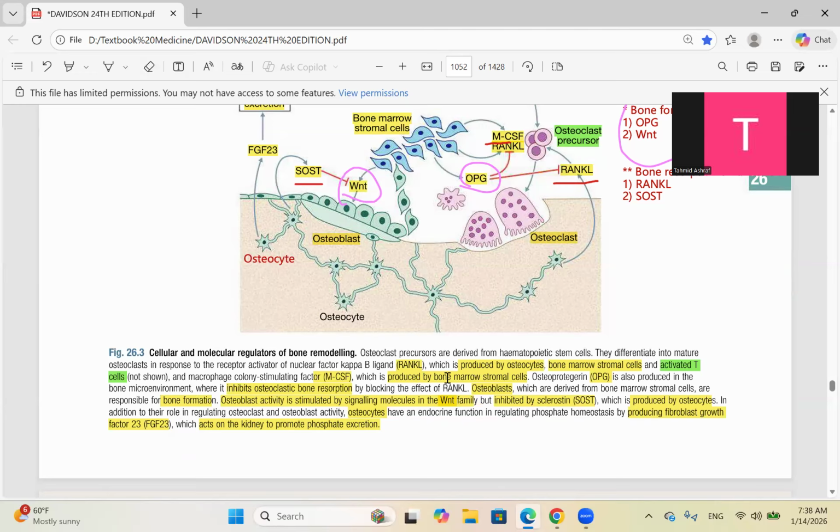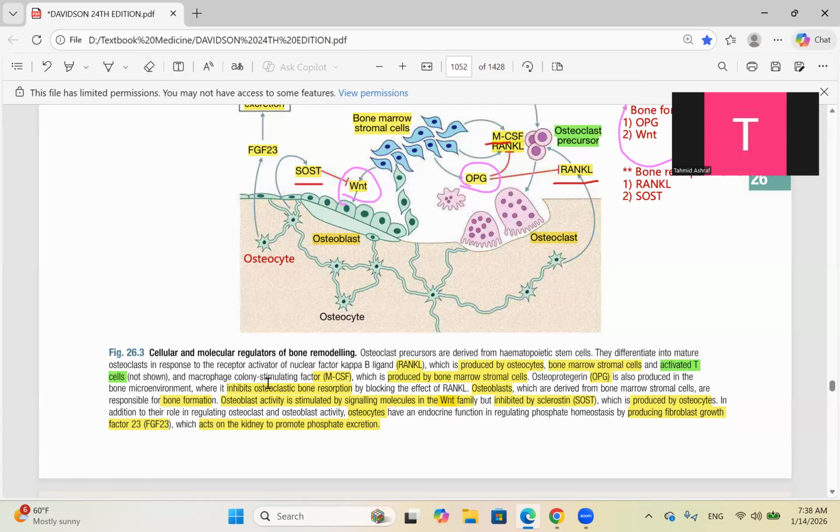RANKL is produced by three types of cells, A, B, C. So those cells are osteocytes, bone marrow stromal cells, and activated T cells. Osteocytes, bone marrow stromal cells, and activated T cells.